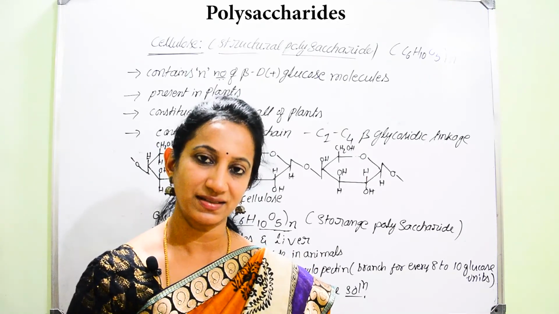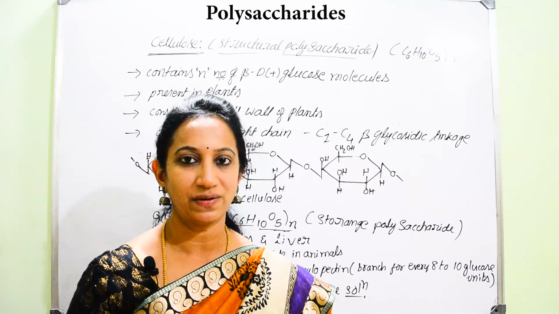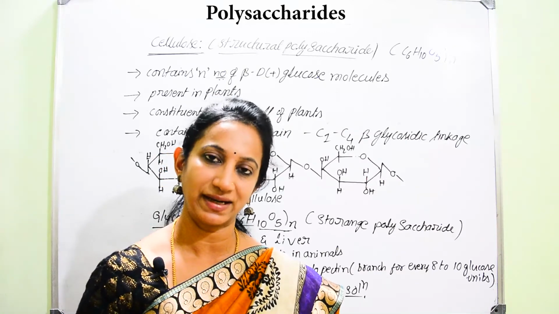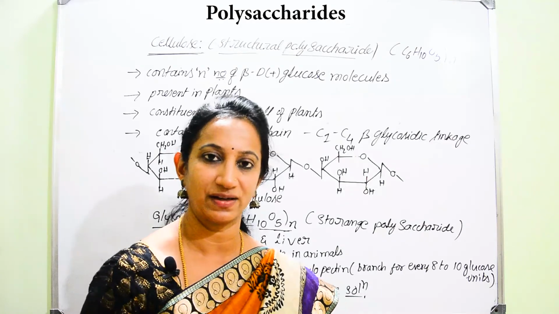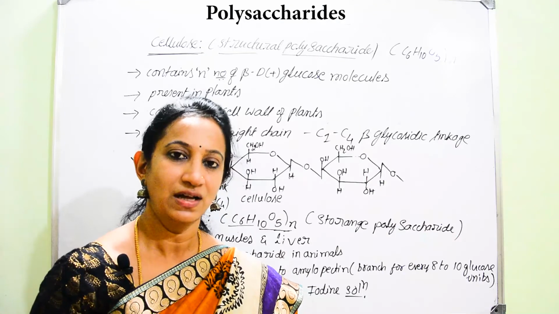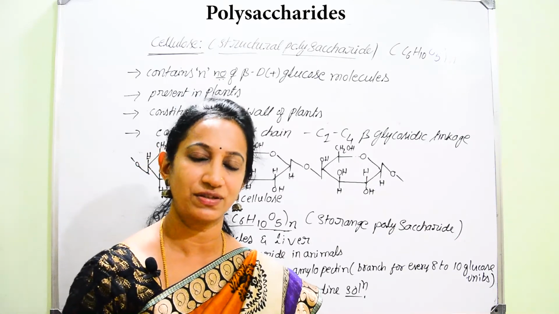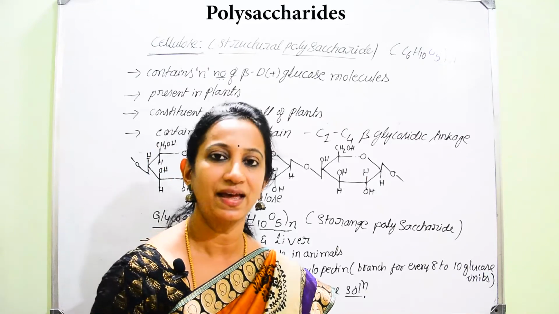In that case, our body is able to convert glycogen into glucose, so that we get an increase in the energy profile. It is very helpful for us, so that we get the energy needed for our biological activities.